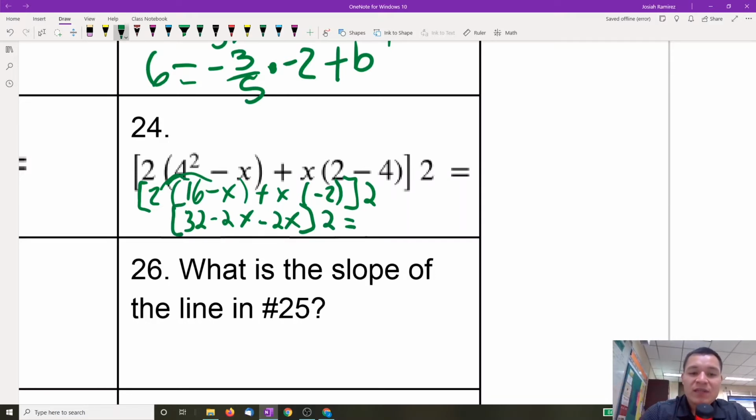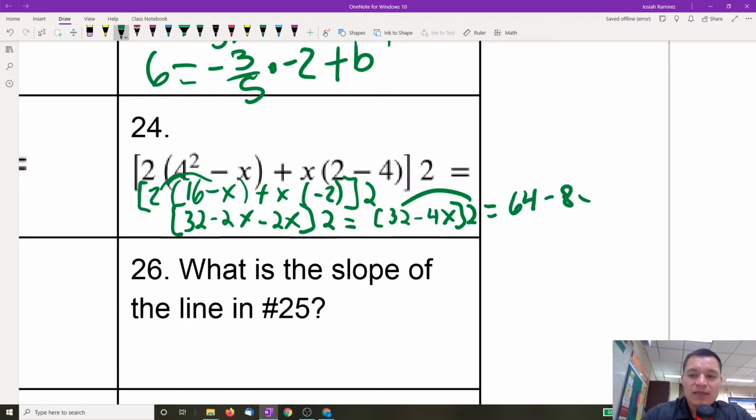We can combine the two negative 2x's to be a negative 4x. That's being multiplied by 2. And we're going to get 64 minus 8x. And that'll be as simple as it can get.